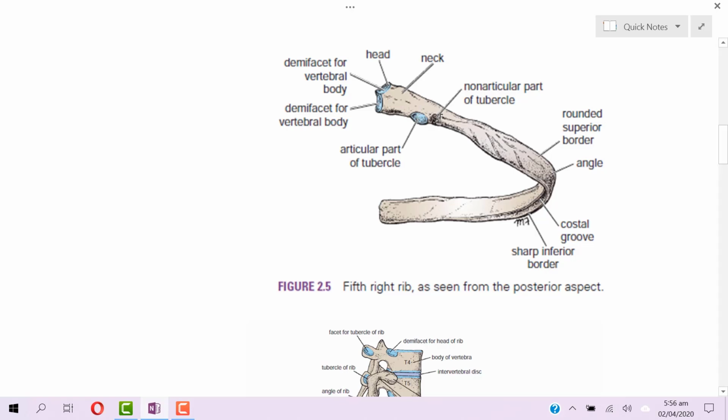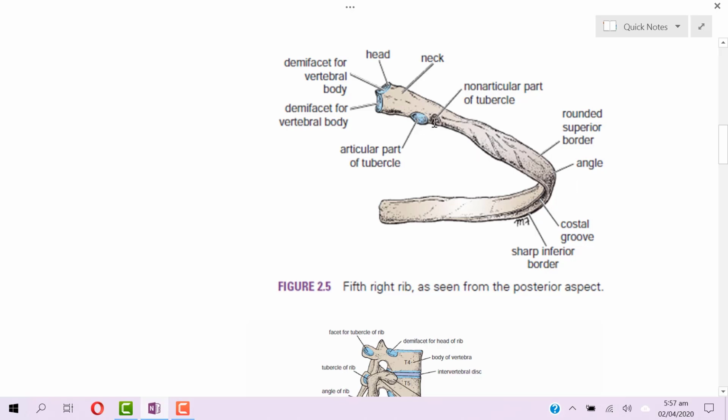This articular part of the tubercle of the rib articulates with the transverse process of the corresponding vertebra. For example, if this is the fifth rib, the tubercle will articulate with the transverse process of the fifth thoracic vertebra. This is very, very important. Tubercle starts with T and transverse process also starts with T, so you can remember TT: tubercle will articulate with the transverse process.